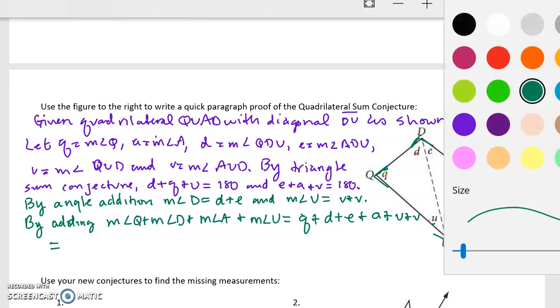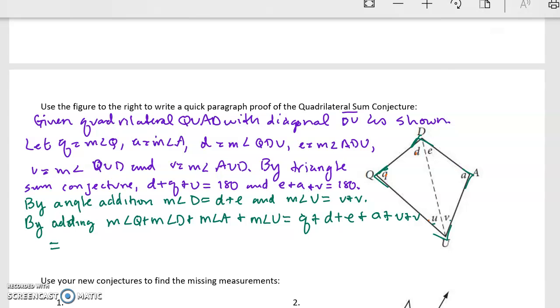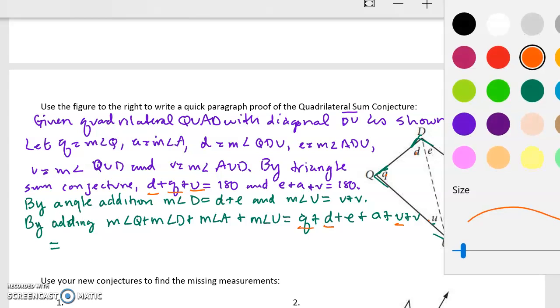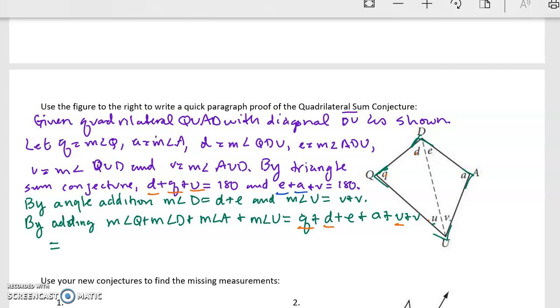Now, going back up here, we noted by the triangle sum that D plus Q plus U is 180, and E plus A plus V equals 180. So that equals 180 plus 180, which is 360.